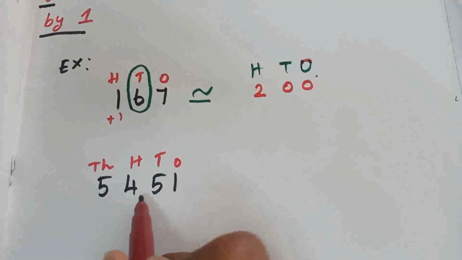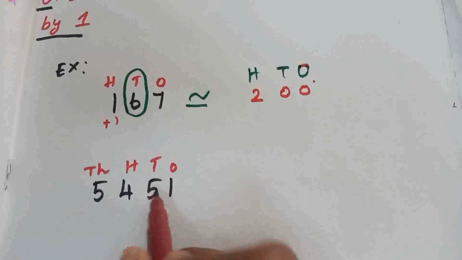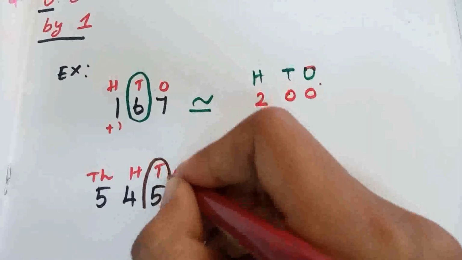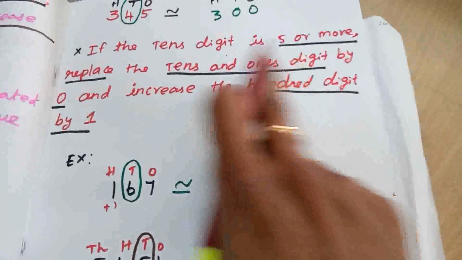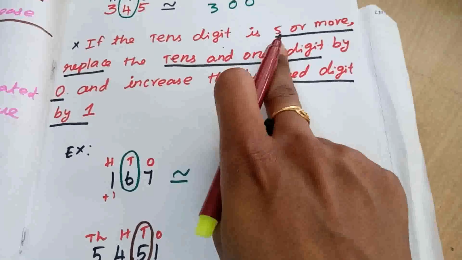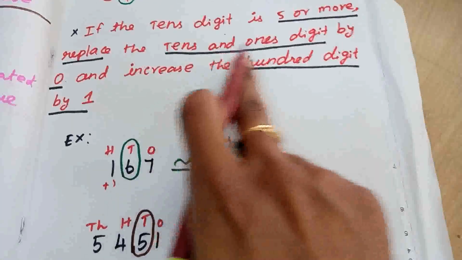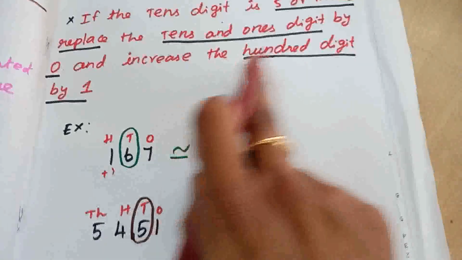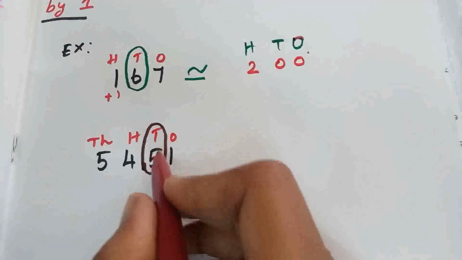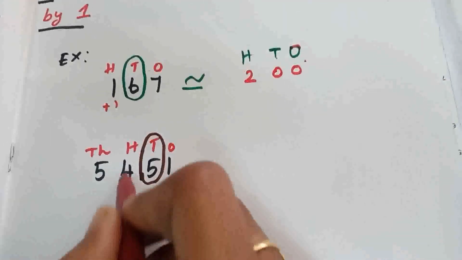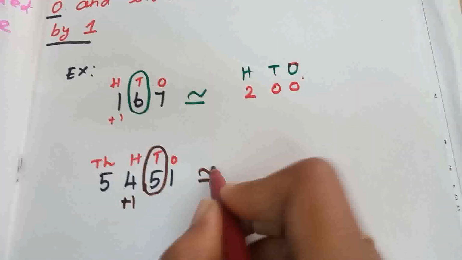Okay, next example. Nearest to 100 means you have to observe the tens place. So circle the tens place. What number is in the tens place? 5. So see the rule. If the tens place has 5 or more than 5, replace the tens and ones by 0 and increase the 100 place by 1. So here is the 5, so you have to add 1 in the 100 place.